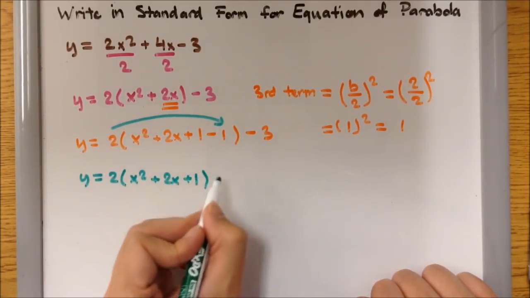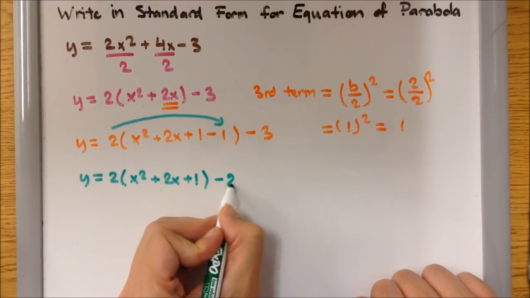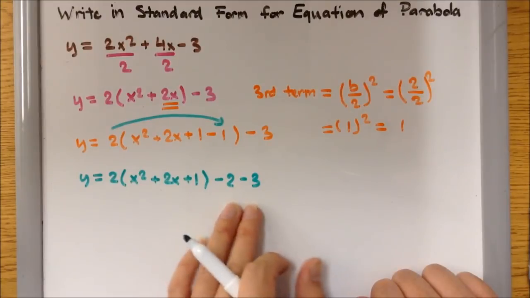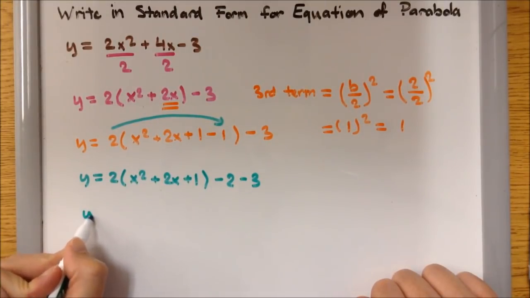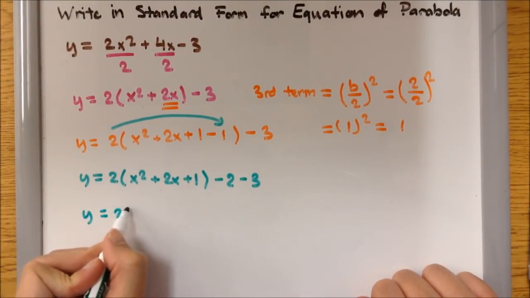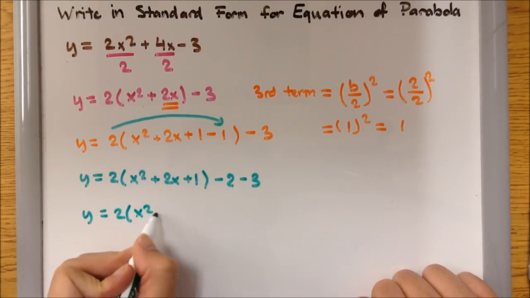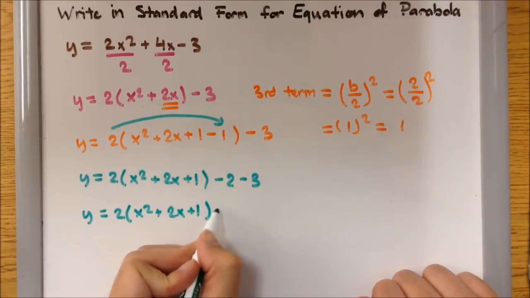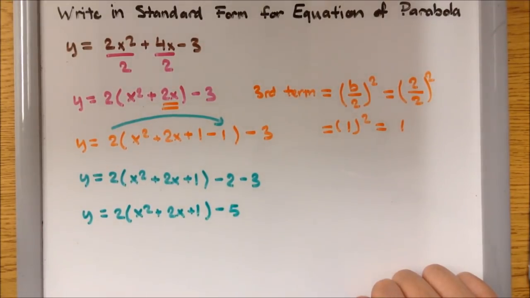Now that 2 times negative 1 is negative 2, minus 3. And then I'm going to combine like terms, so it's going to be y equals 2 parenthesis x squared plus 2x plus 1, close parenthesis, minus 5.